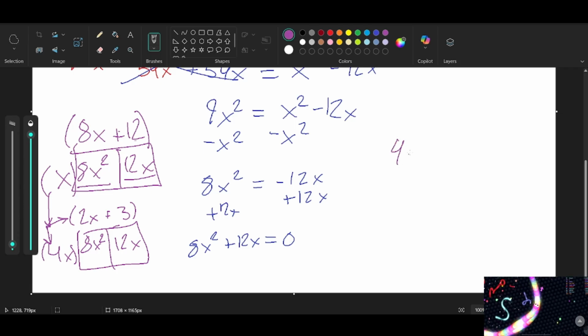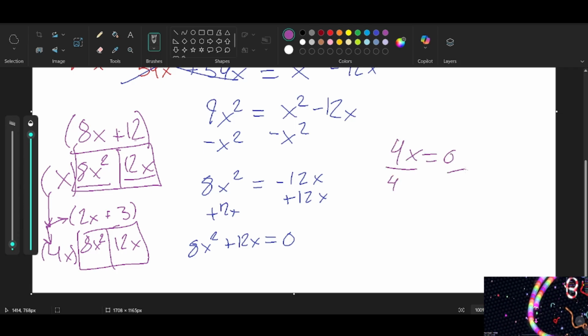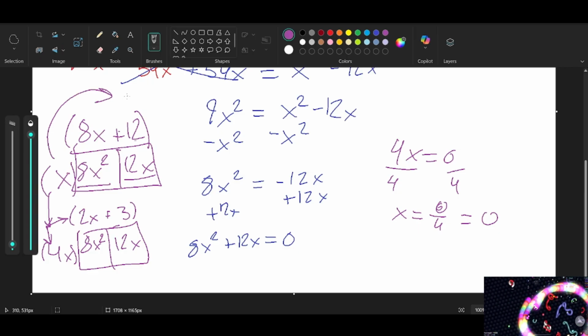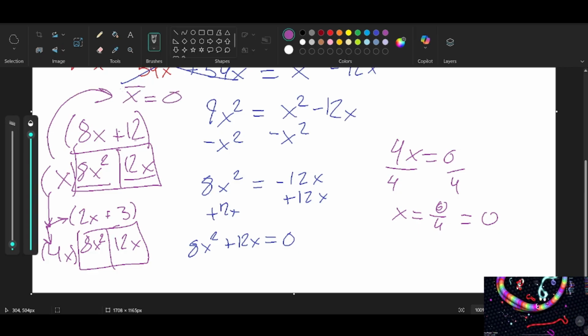If I do 4x equals 0 and divide both sides by 4 to get x by itself, I get x equals 0 over 4, which is just the same thing as 0, right? If I set this x equal to 0, I just get x equals 0.